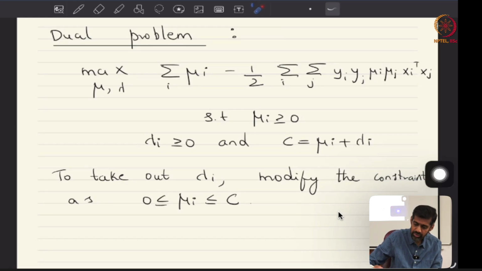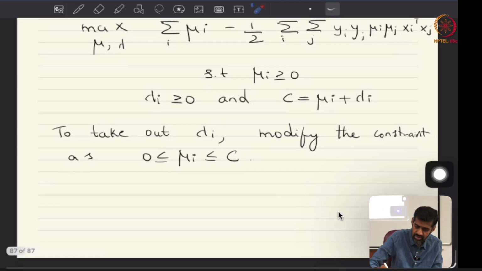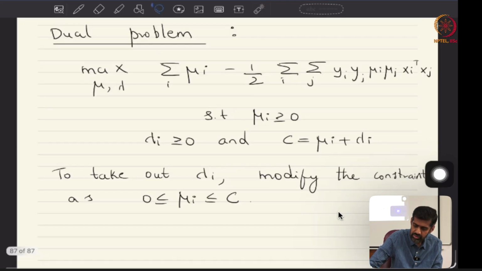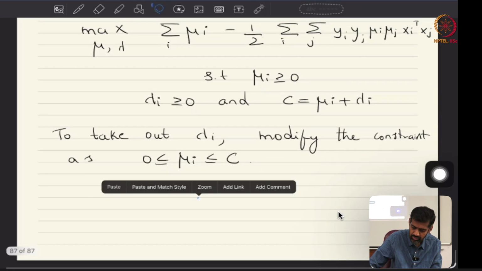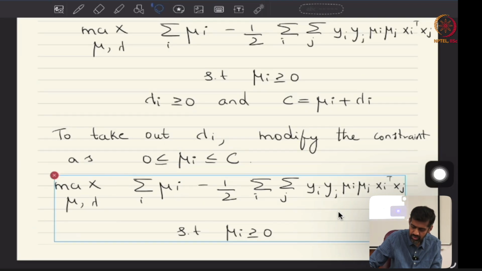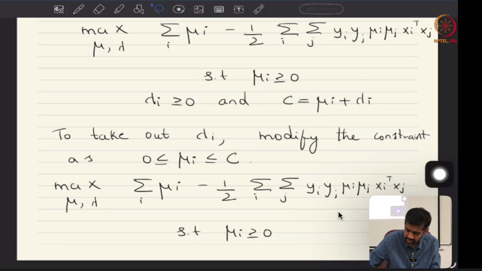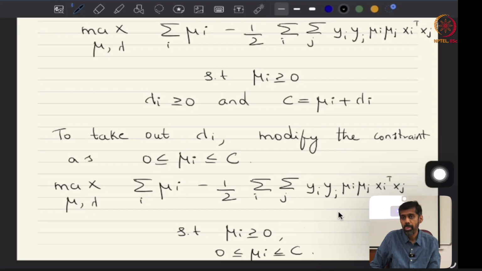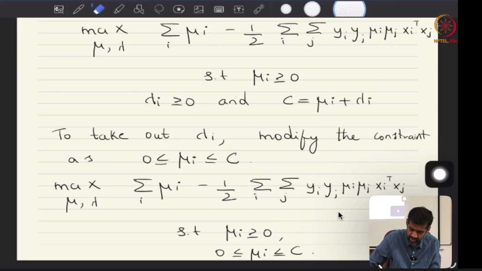Now the final problem will be the exact same maximization, such that mu_i is greater than 0 and it is bounded between 0 and C. We will not have a lambda here.